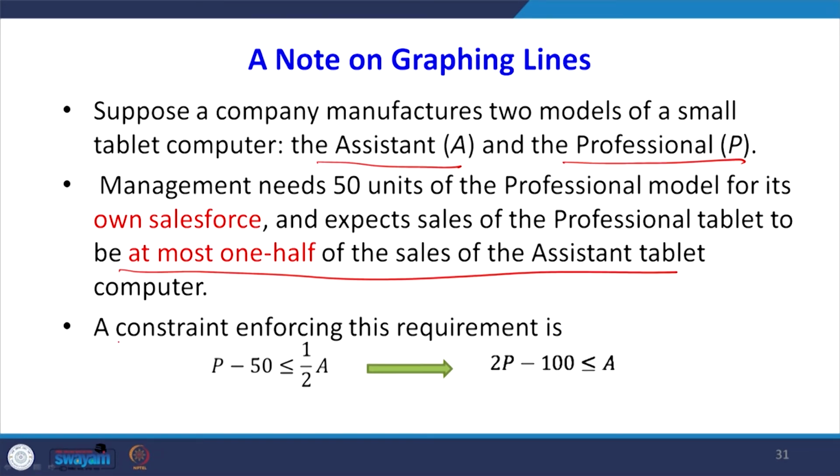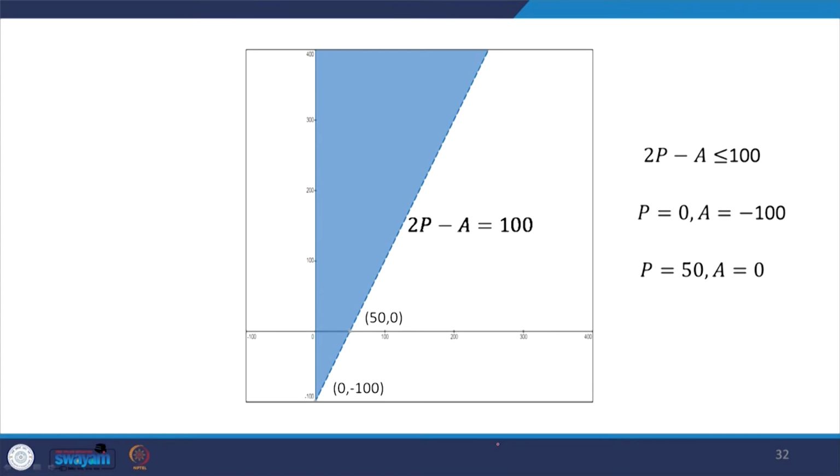So, the constraint enforcing this requirement is P minus 50, because this 50 is consumed by their own sales force, and it cannot exceed 1/2 of the assistant tablet. So, P minus 50 less than or equal to 1 by 2a. When you simplify this, we will get 2p minus 100 less than or equal to a. So, this is a constraint.